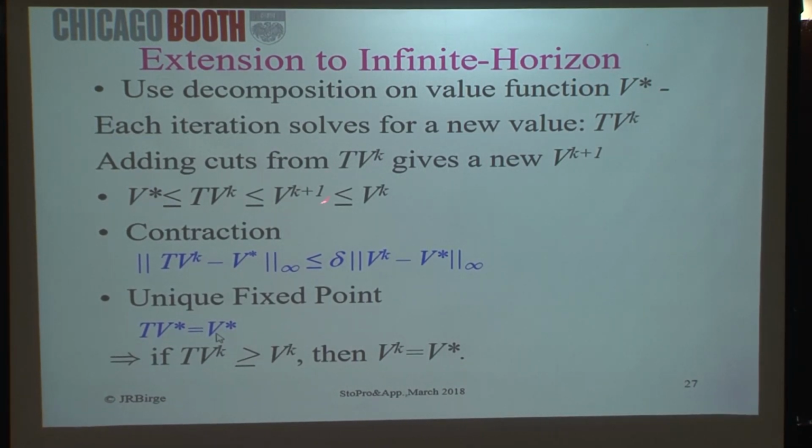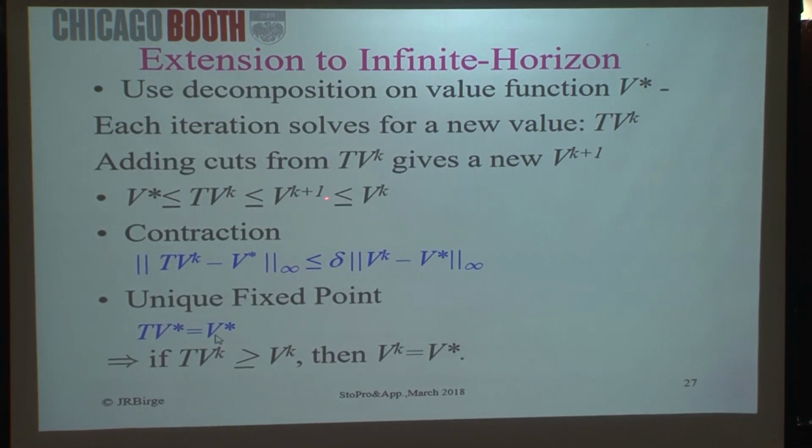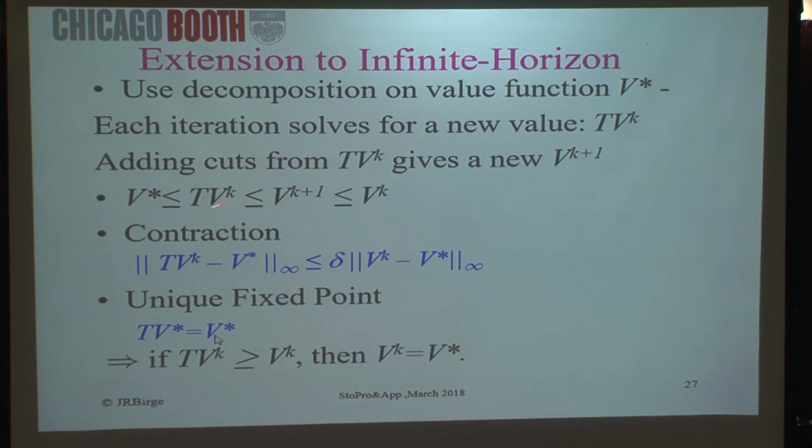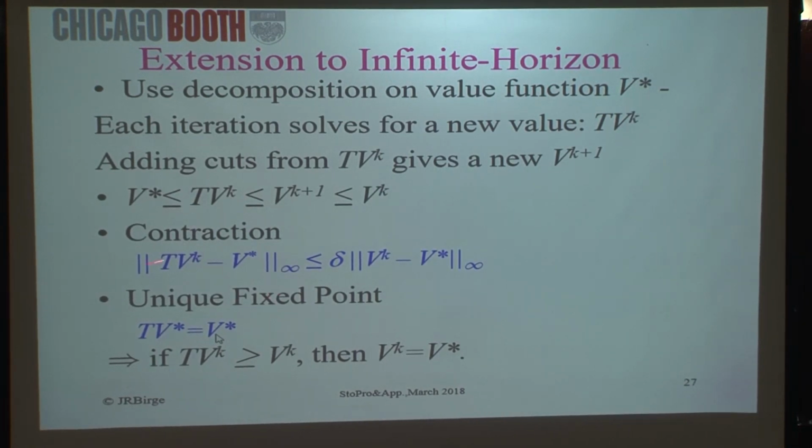So I'm always taking my previous approximation, making an update on it, adding in a cut, which gives me a new approximation, and then, again, evaluate that, add in an update. So T is like my step to evaluate it. Every time I evaluate it, I add in a new cut.